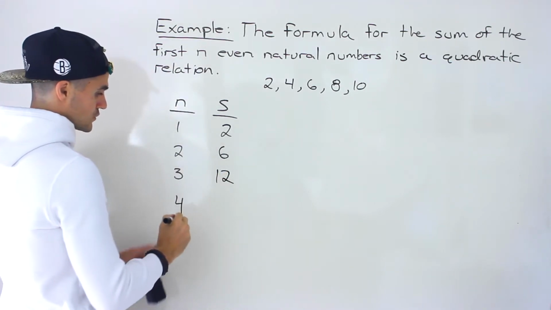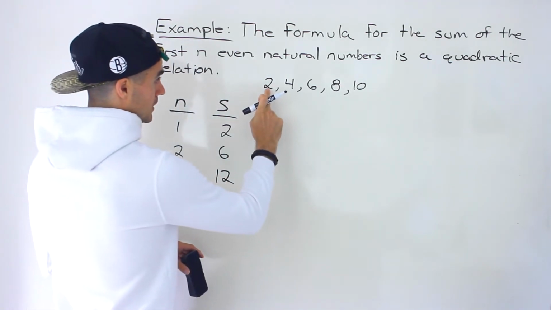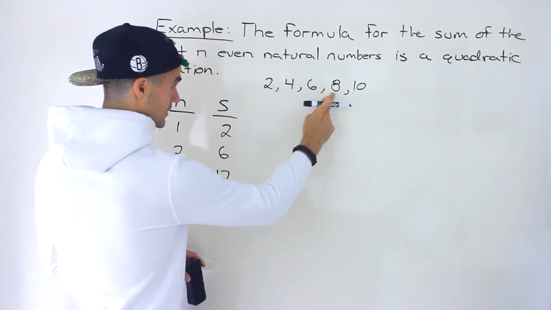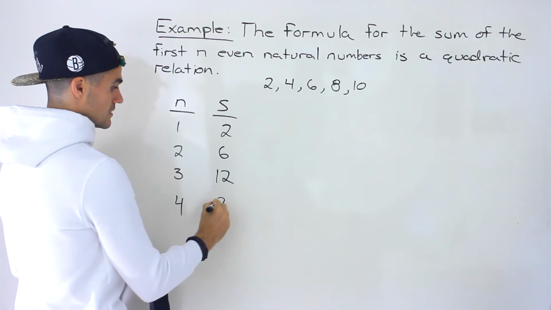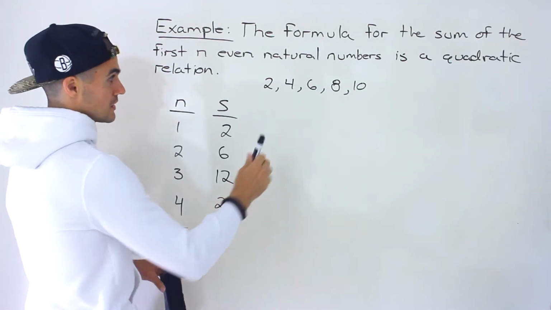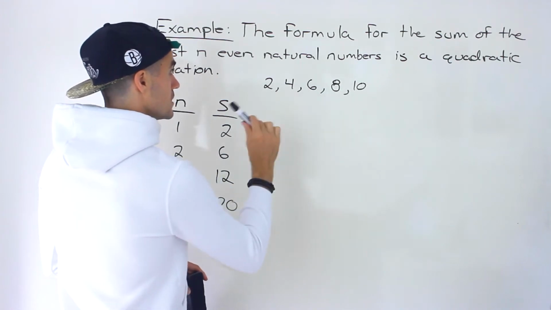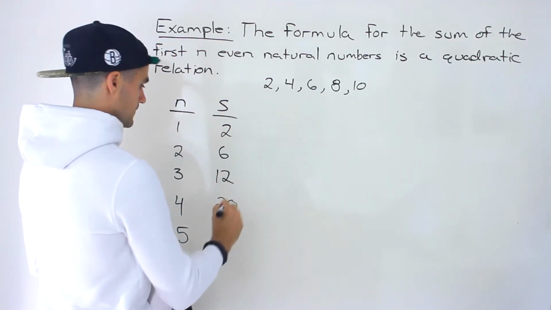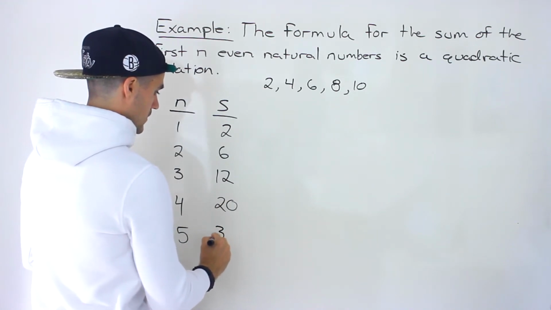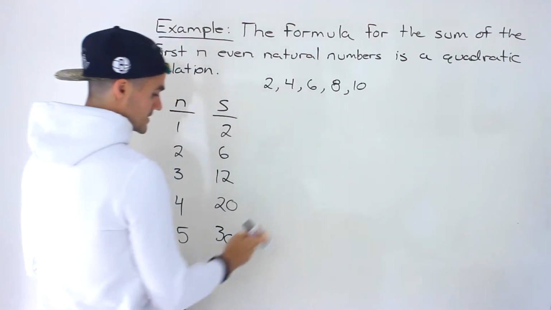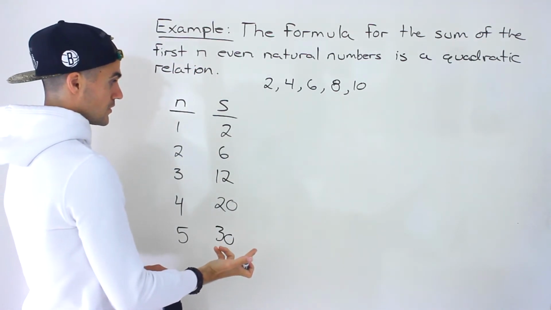And then the sum of the first 4 would be 12 plus 8, which would give us 20. And then the sum of the first 5 would be what? 30? You could just also take the 20, which is the sum of the first 4, and then add the 10, which would give you 30.